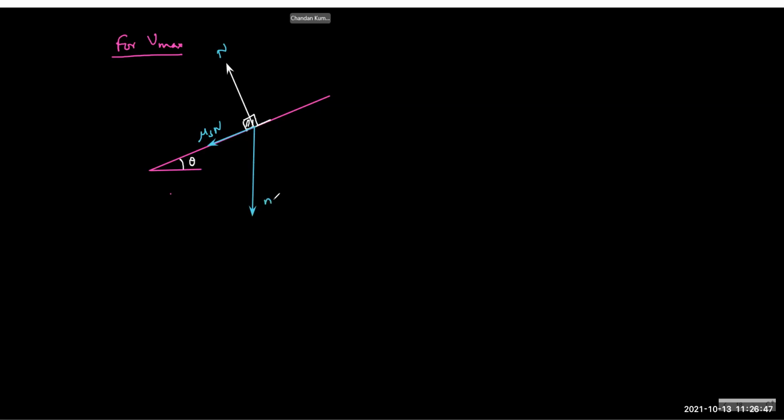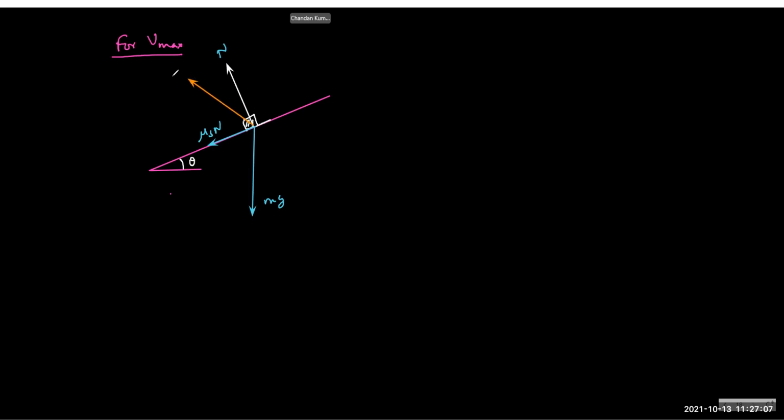Now I will show you the easier way of doing this problem. This is what we normally do. Instead of solving by N and mu_s N, we can solve by the method you have learned in friction, the resultant.